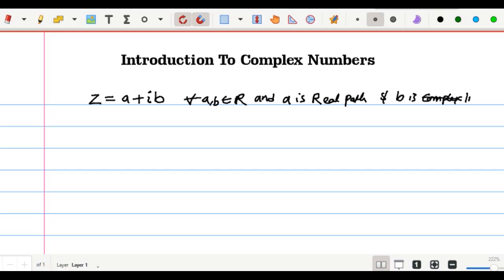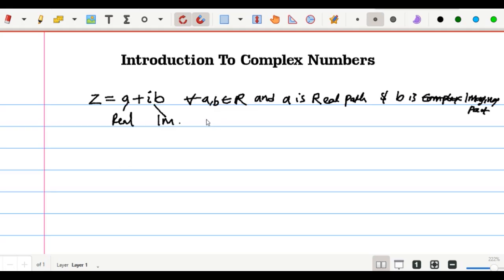Remember, this is the real part, and this is the imaginary part. So this is how to represent complex numbers.